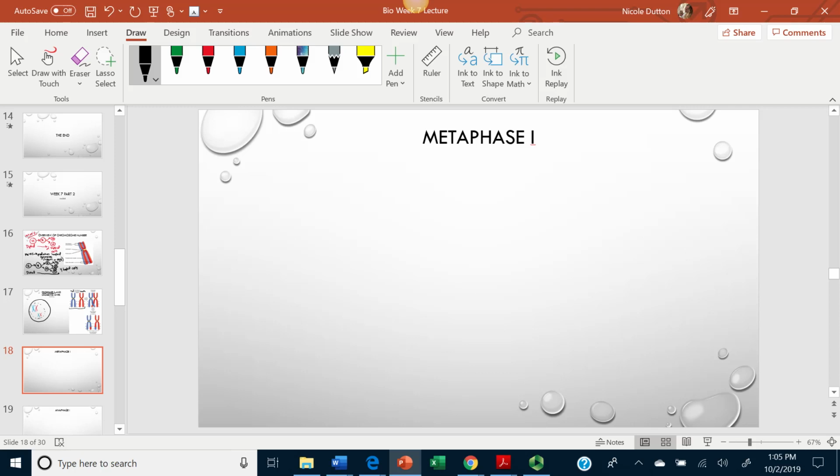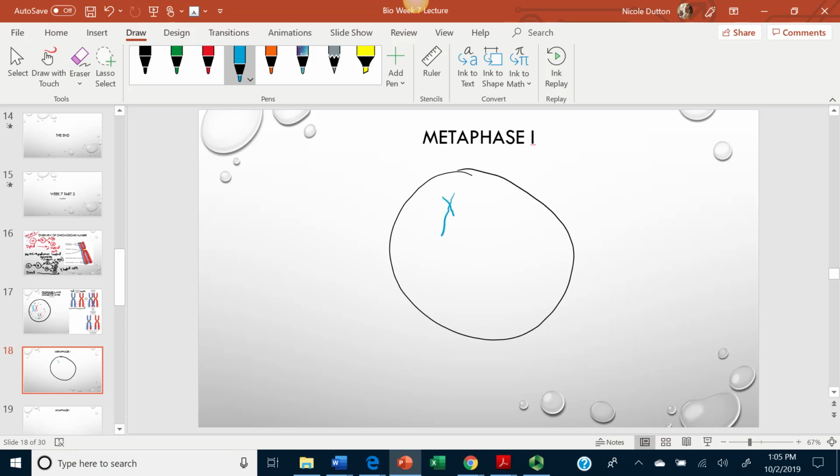During metaphase 1, we have our cell. The chromosomes are going to align down the center of the cell, just like they did in prophase in mitosis, except this time they're going to line up by pair.